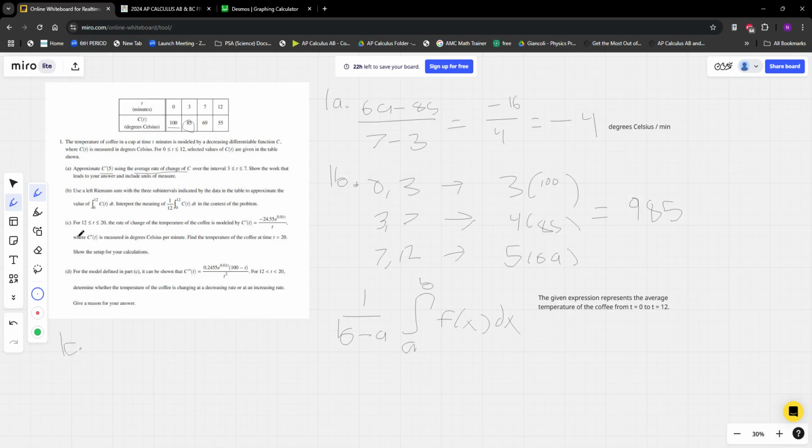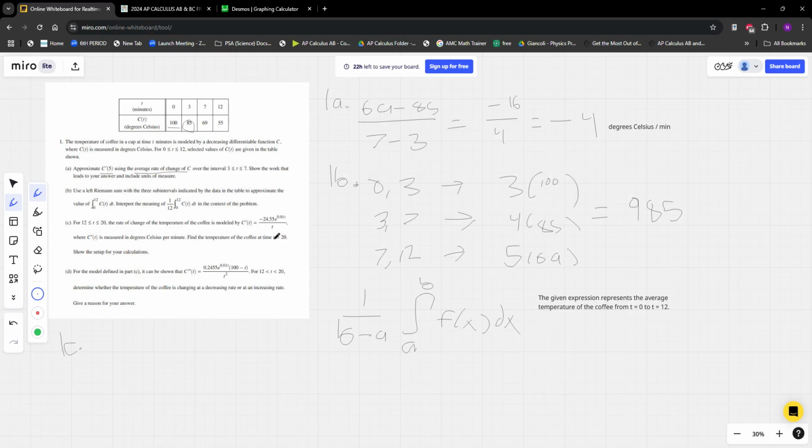Now we have to do 1C. It says from 12 through 20, the rate of change of temperature of the coffee is modeled by this function, and it says find the temperature at t equals 20. A common mistake on this problem that I foresee is that the person will see t equals 20 and integrate this function from 0 to 20, and then try to solve it.